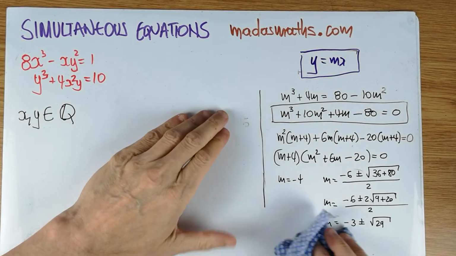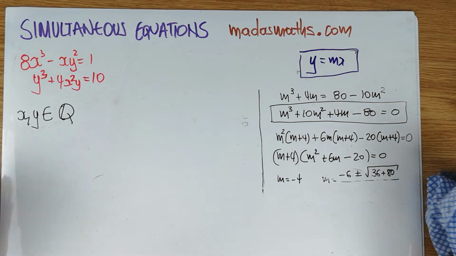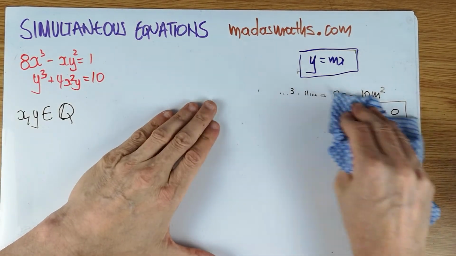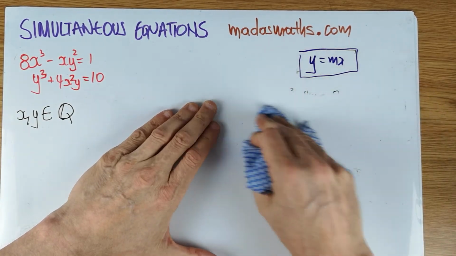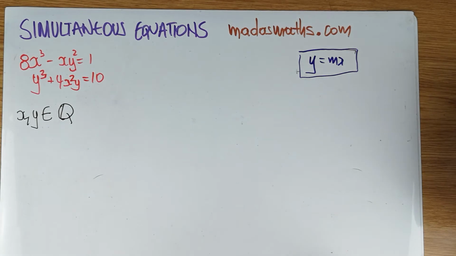I hope you're with me so far and what I've done. Maybe I should have left the other ones, the third bits as well. If they're not too messy, I will actually do this once as well. So what we're going to do now is pick one of the equations, and of course we found m is equal to minus 4.